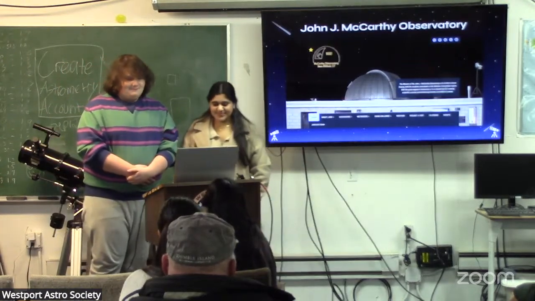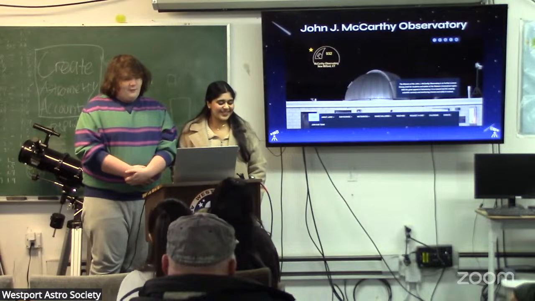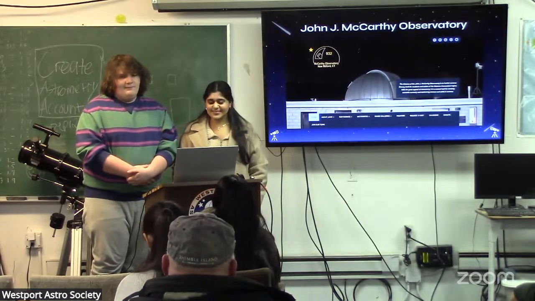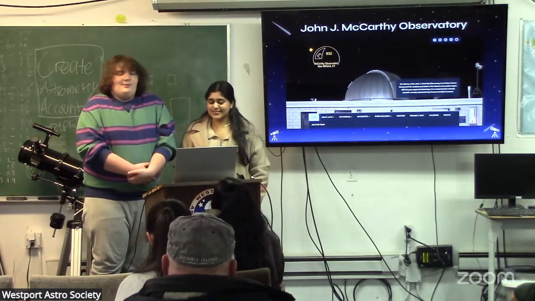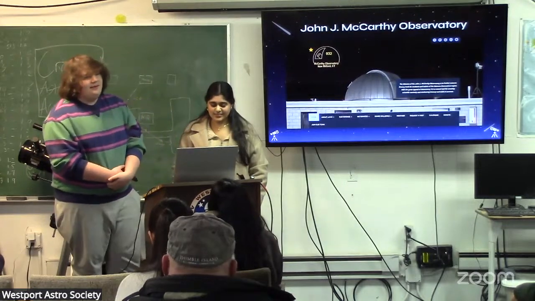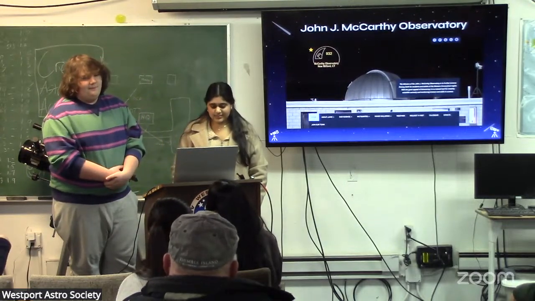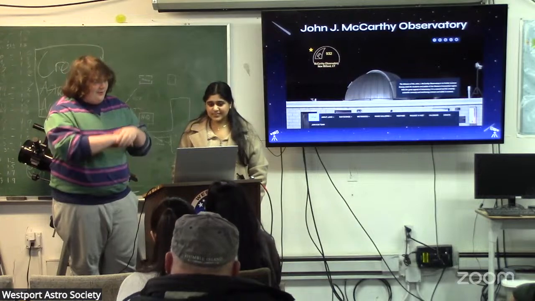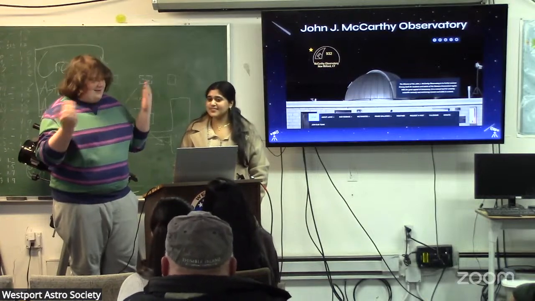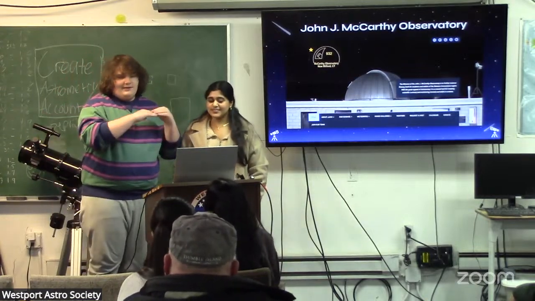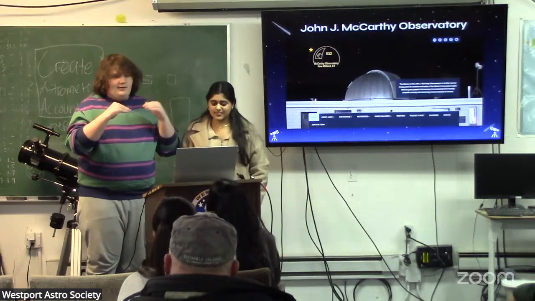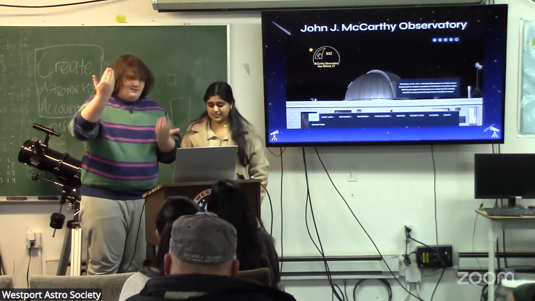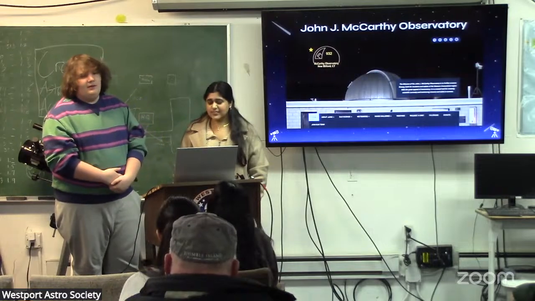Why it's important to have the outpost at JJMO is so we can just get more data. All of our current stations down here are at a similar latitude. We don't really have anything as north as JJMO.